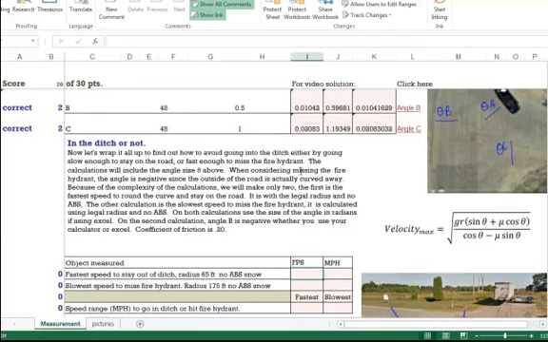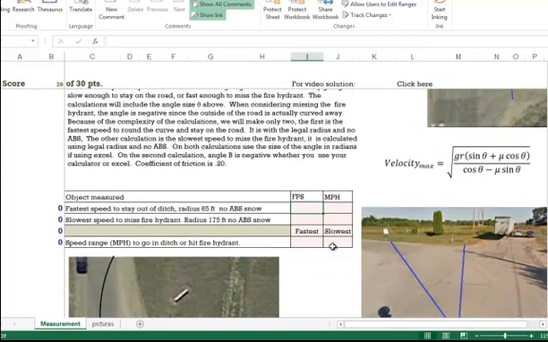Okay, so what we need to do is to make the calculations, and it involves once again the square root function.